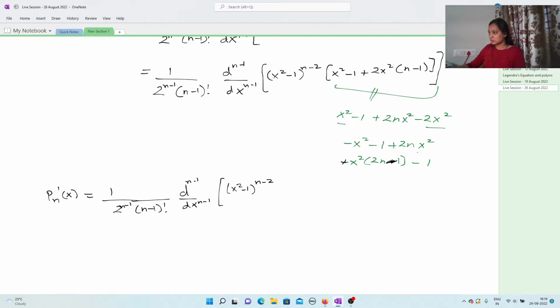We take x square as common, then this becomes (2n minus 1), and we have a minus 1 there.